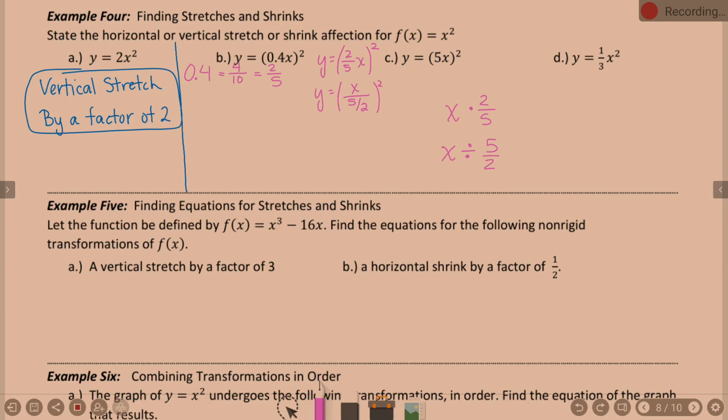By a factor of 5/2. So now we're going to talk about this being a horizontal stretch by a factor of 5/2. Doesn't matter if you put 5/2 or 2.5. They're equivalent, as you know. Okay.